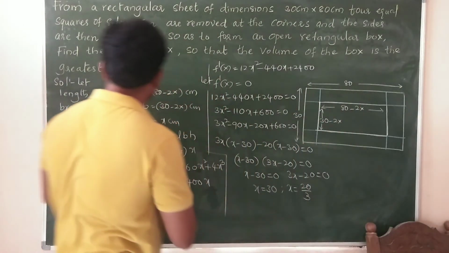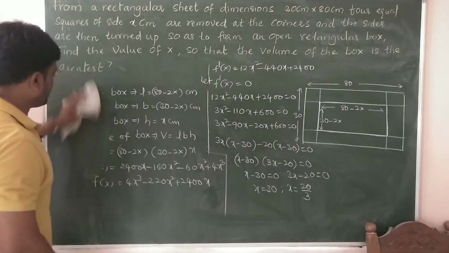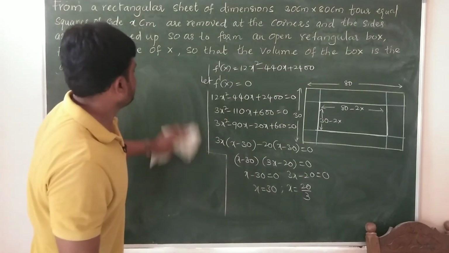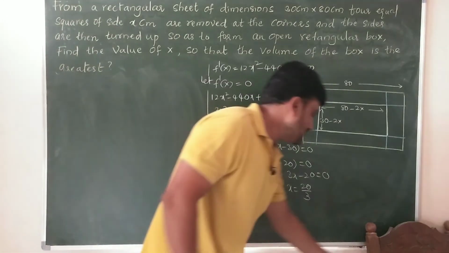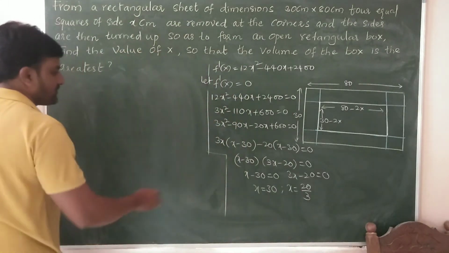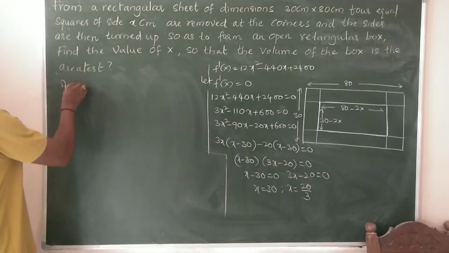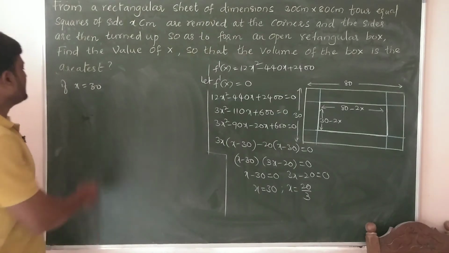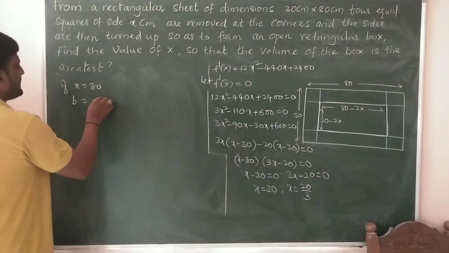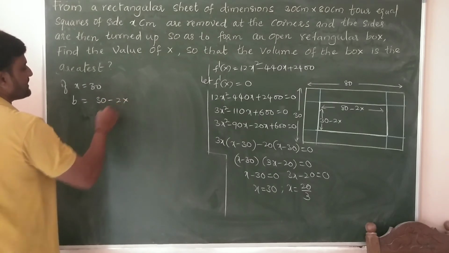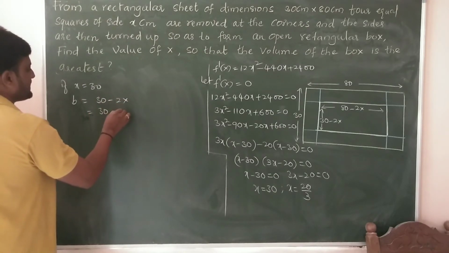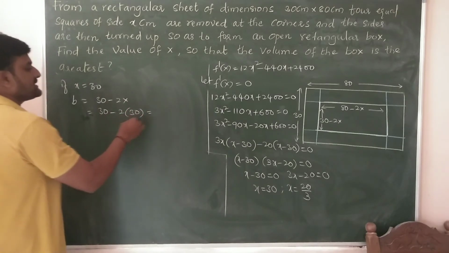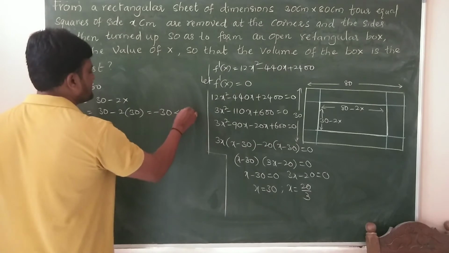Which one is the right value to take? Let us check. If x equals 30, then b equals 30 minus 2x, which is 30 minus 60, which is minus 30, less than 0.